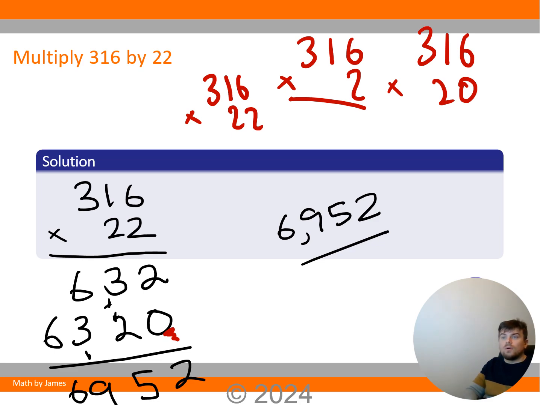So we put 0, 2, and then carry the 1. 20 times 10, or 2 times 1, we can even say, moving along, which gives us 2. So 2 add 1 is 3, which means we've got 6 there. So we've got 6,952 here.